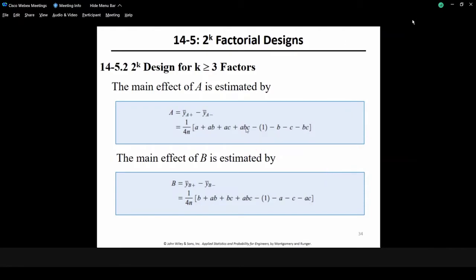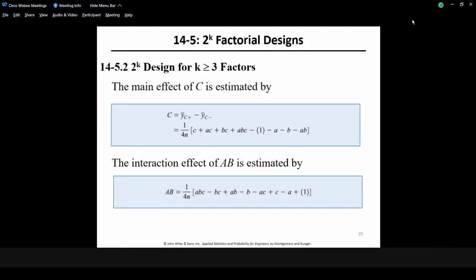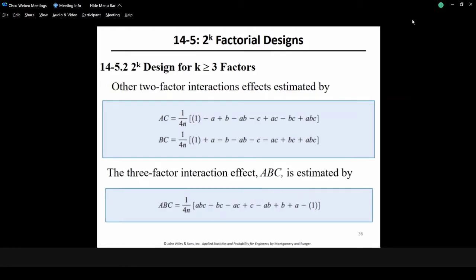Okay, so if you know the contrast of A, B, AB, you can derive C, AB. I think you know how to calculate the contrast from the previous example. This is the example that I just derived. Remember the previous slide? I just derived it using ABC here.